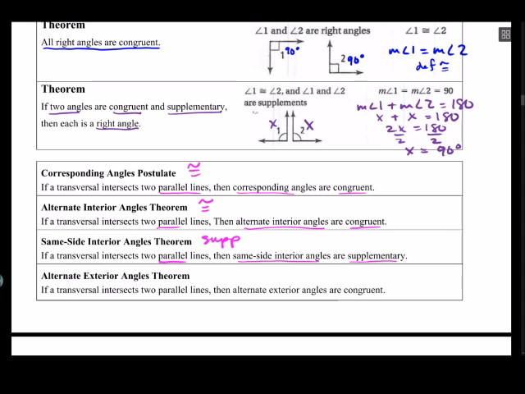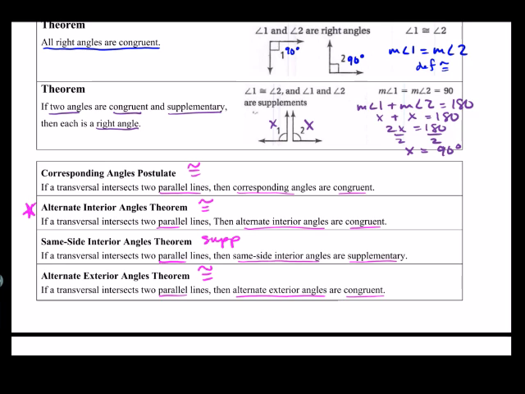Same side supplementary. And if our lines are parallel, alternate exterior angles are going to be congruent. Now, when we are dealing with triangles and quadrilaterals, alternate interior angles are going to be our friends. If we are trying to make triangles congruent and we end up with parallel lines, the first thing you want to look for, do I have alternate interior angles somewhere?